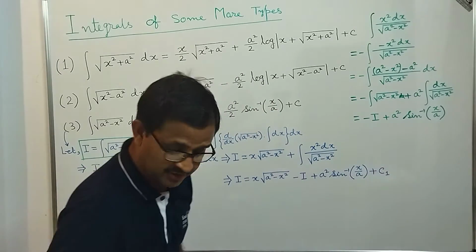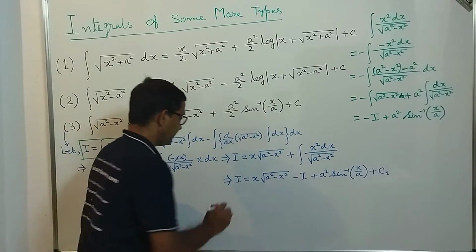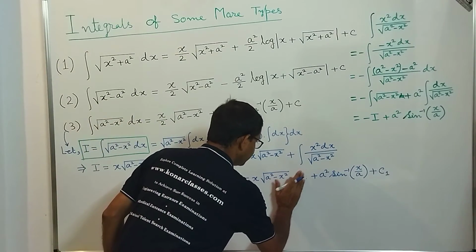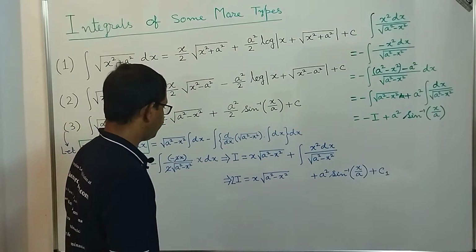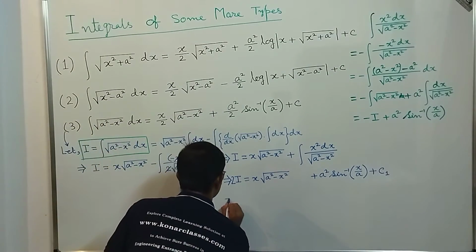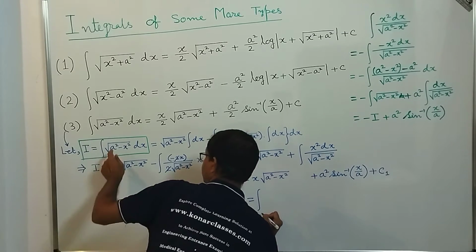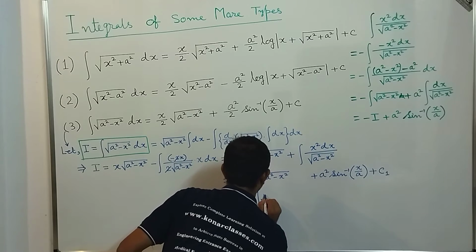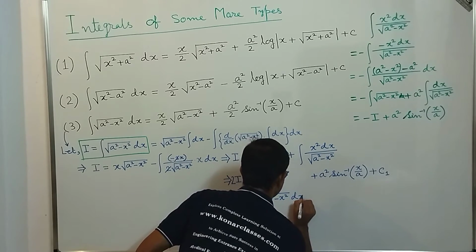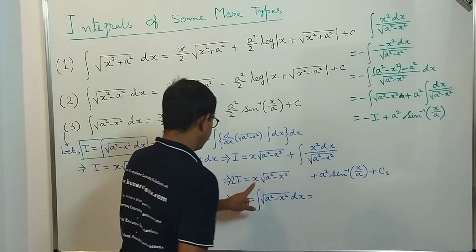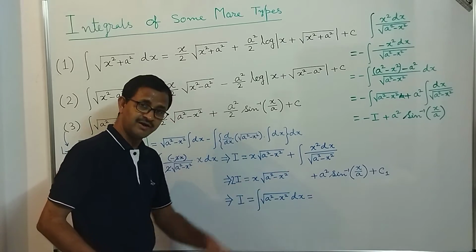Okay, now dear students, this minus I we can bring to the left hand side. If we bring it to the left hand side, it becomes 2I. So then finally I is equal to, that means I is the integration of square root of a square minus x square dx, which equals x by 2 into square root of a square minus x square, because we are dividing both sides by 2.